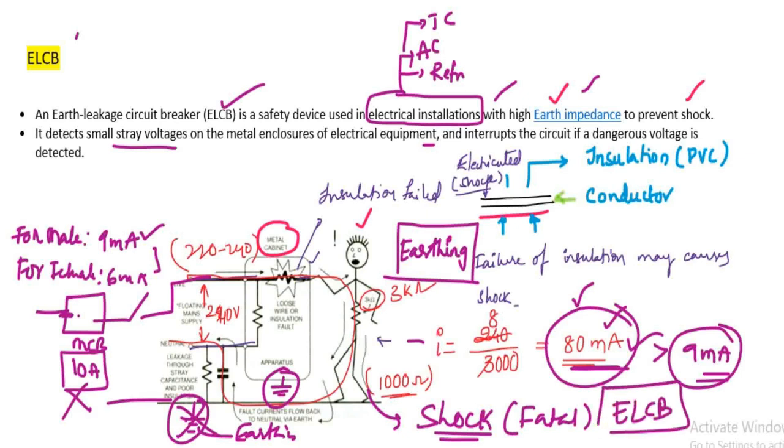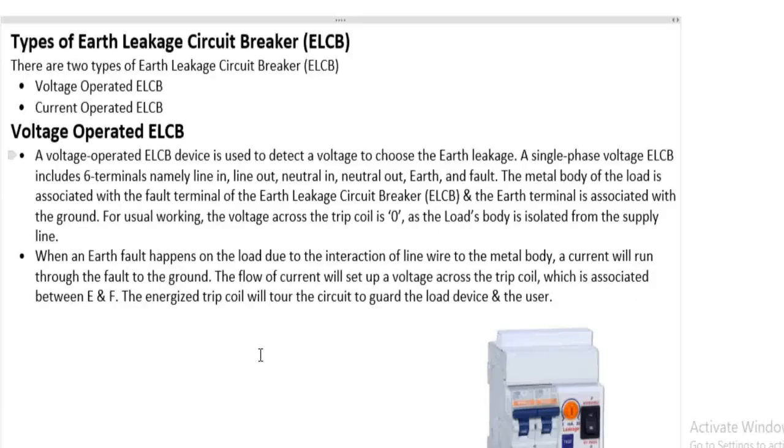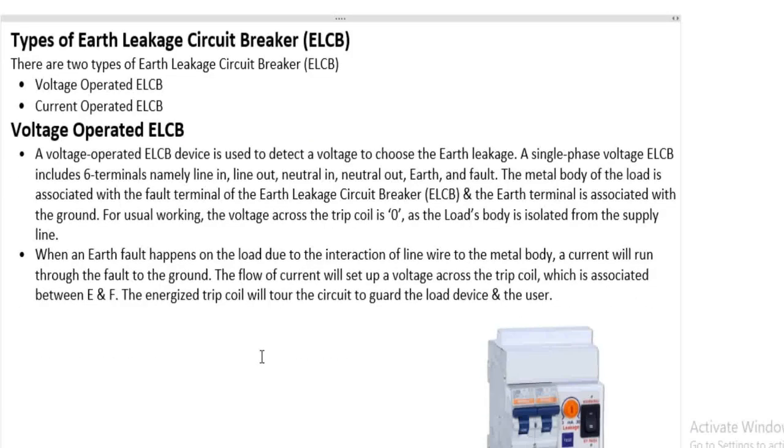I hope you understand now. Even if we have an MCB in the circuit, it can't detect 80 milliamps, which is very much smaller compared to the rating of the MCB. So in order to prevent any shock or fatal damage to humans, we need an external additional circuit breaker, called ELCB. Okay, so let us see ELCB, earth leakage circuit breaker.